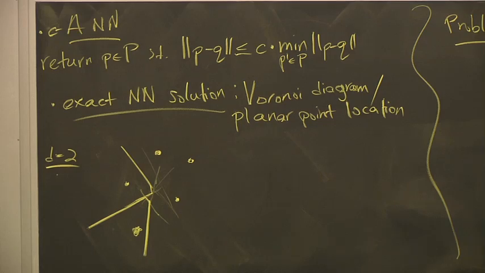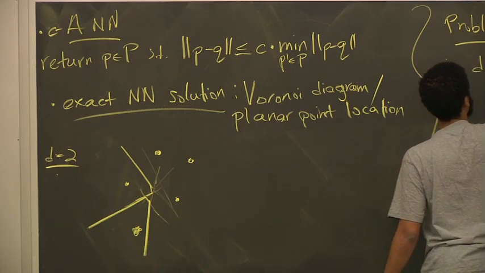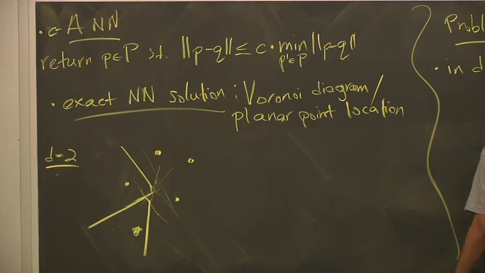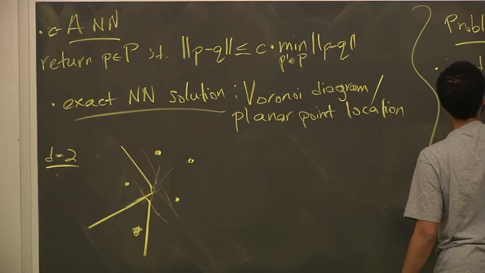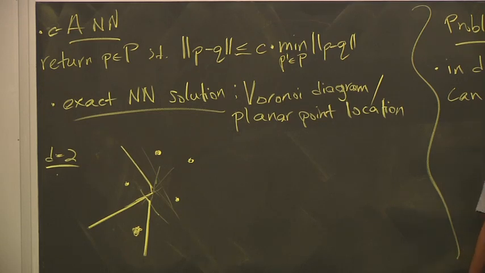This is one manifestation of it: in D dimensions, a Voronoi diagram can have complexity n to the theta of D, something like n to the d over 2. So just to describe all the regions will take you n to the d over 2 space.